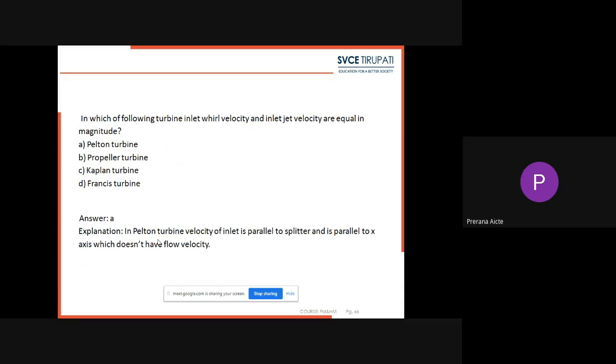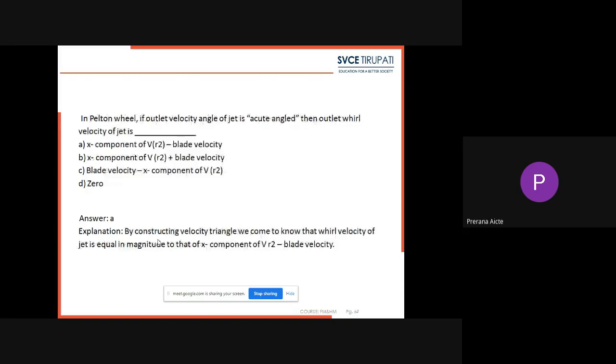Next question. In which of the following turbines are the inlet whirl velocity and inlet jet velocity equal in magnitude? The Pelton wheel turbine. In a Pelton turbine, the velocity at inlet is parallel to the splitter and parallel to the x-axis, which does not have flow velocity.